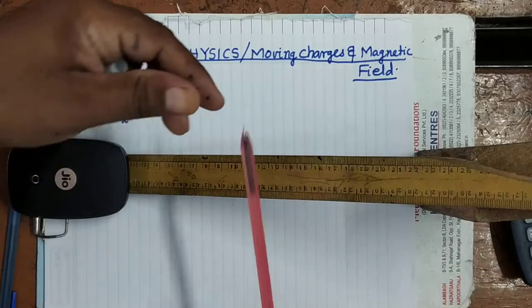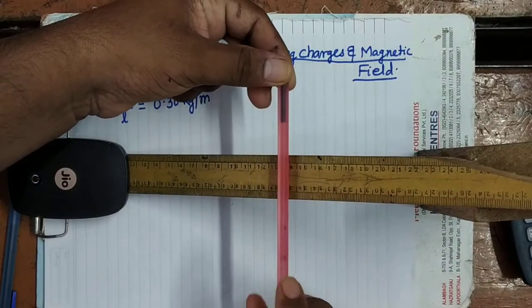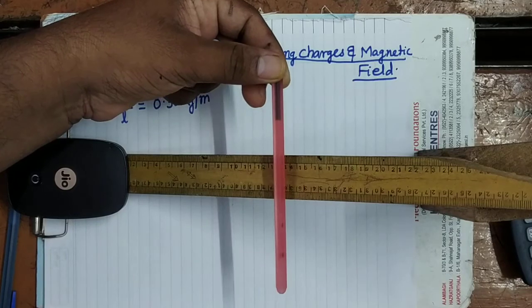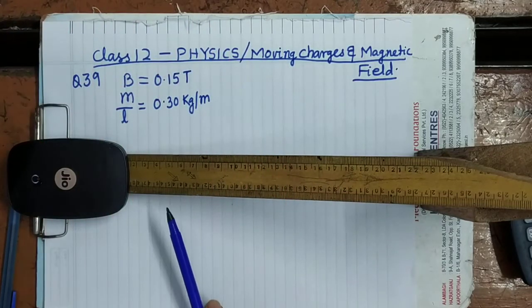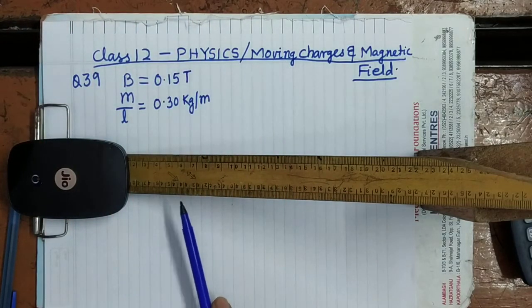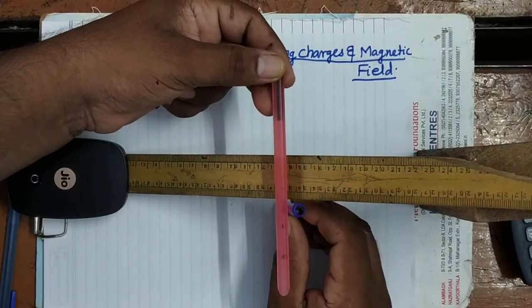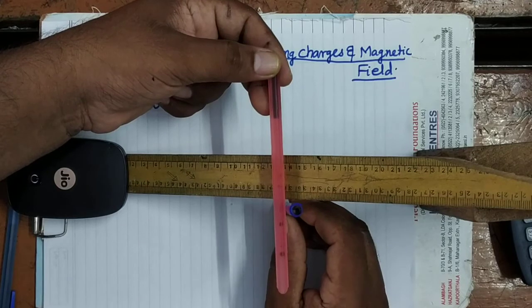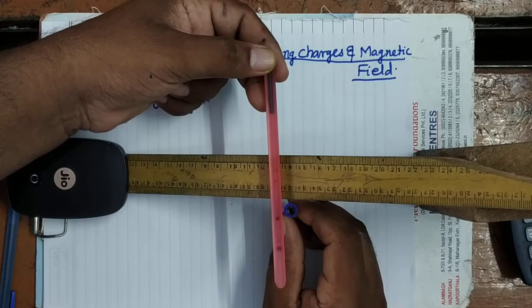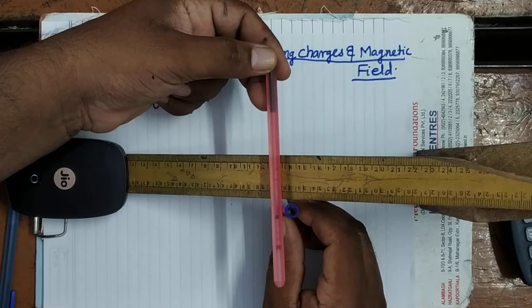Here this is the current carrying conductor which is placed like this on this inclined plane, which makes a 30-degree angle from the ground, and magnetic field is vertically upward as shown by the blue sketch pen. So what will be the angle between I and B?